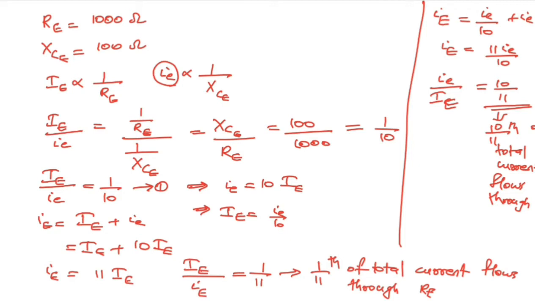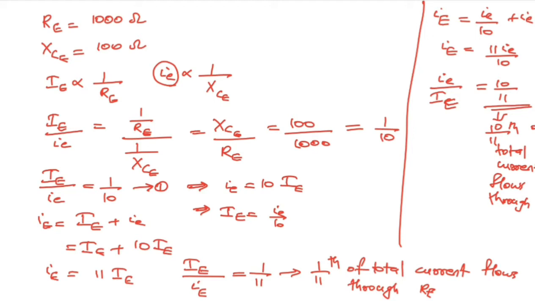which would have been developed if CE were not present. In a practical circuit, the value of CE is so selected that it almost entirely bypasses the AC signal. If CE is not present, there is a large voltage drop across RE.